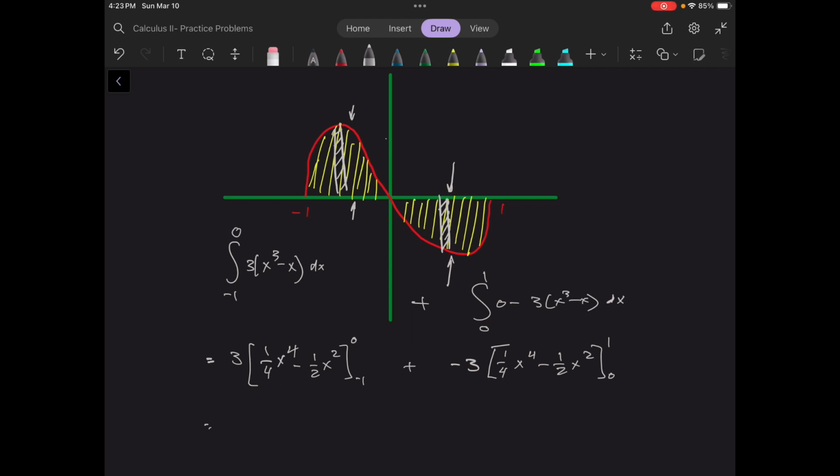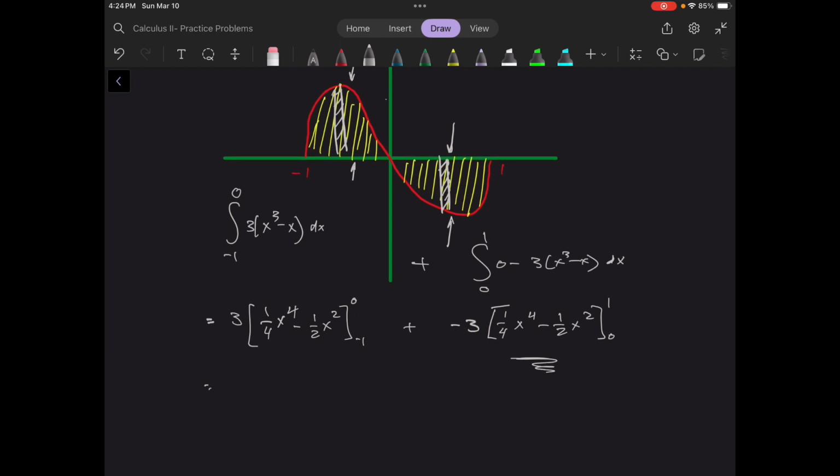So which one looks a bit easier to solve for? I'm going to say this one. I like to plug in the positive number first. So this one, I'm just going to double it, 2 times -3 times, let's actually plug in the 1 and 0 now to get 1/4 minus 1/2 minus, and then when you plug in the zeros, you just get 0, right?